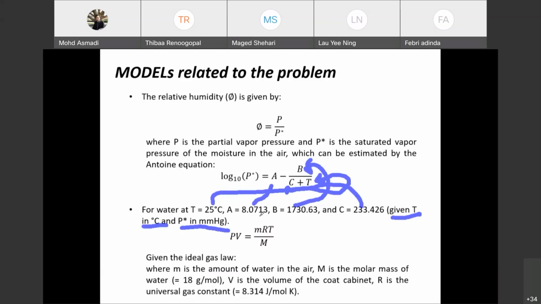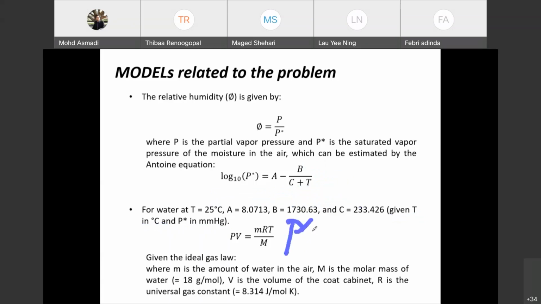What is the answer? Can you give me? Anyone? A, B, C, and T. What is the log P? P prime. Let's calculate.